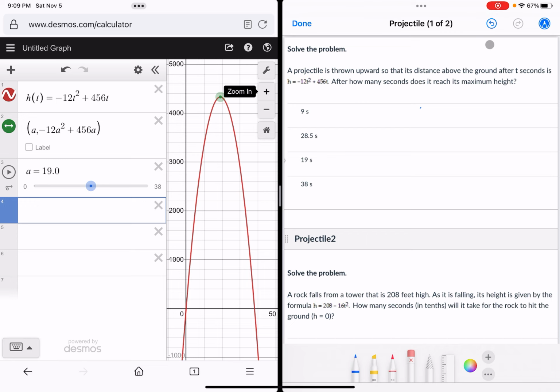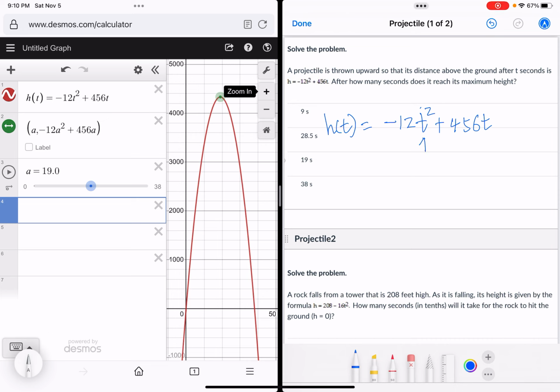Mathematically, how do you do that? Here you have negative 12t squared plus 456t, and this is the height, which depends on the different time.